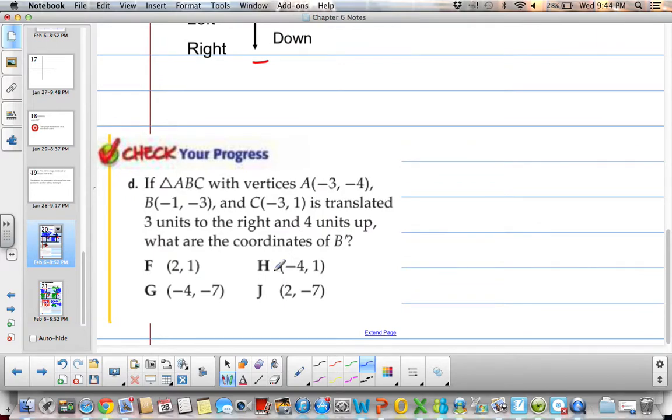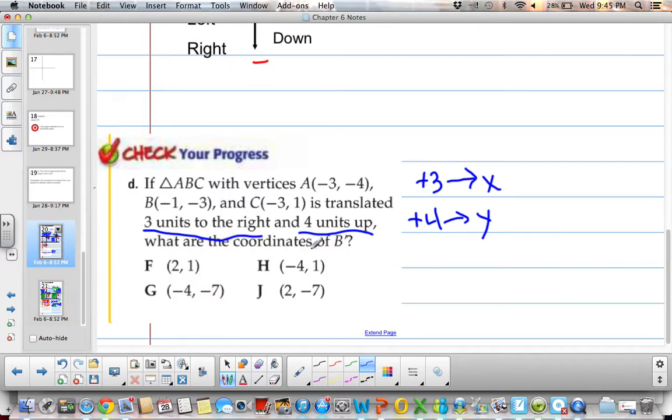Okay, so if we're given triangle ABC, and we have vertices A at -3, -4, B -1, -3, and C -3, 1, we're translating 3 units to the right and 4 units up. So 3 units to the right tells me that we are going to add 3 to each of our X's because X is left and right. And then we're going to go up, so we're going to add 4 to each of our Y's.